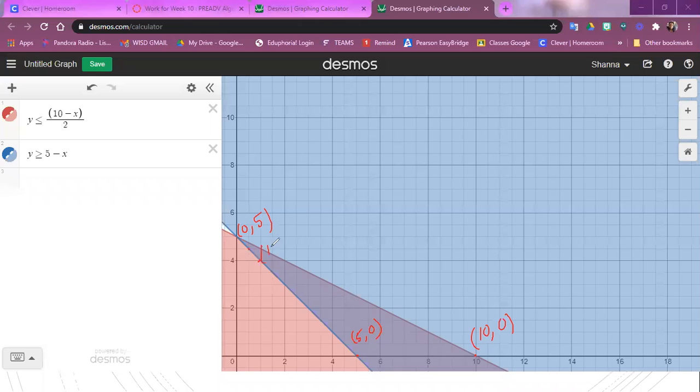I could do 1, 4. So I could have 1 vegetable, 4 meats. At 2, I could be 2, 3. So all of these are possibilities of what I can have on my pizza. And so any of these to give an answer would be correct.